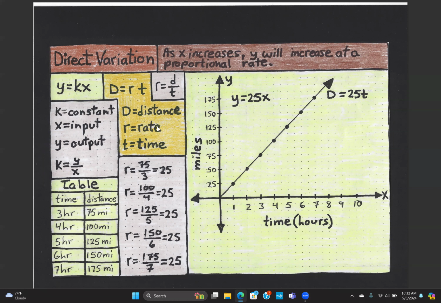And so because we're working with rate, we know that now r is equal to d divided by t, just like k is equal to y divided by x.